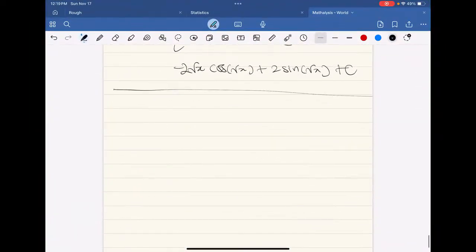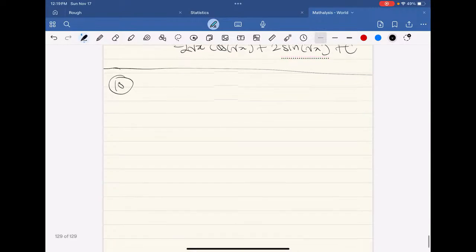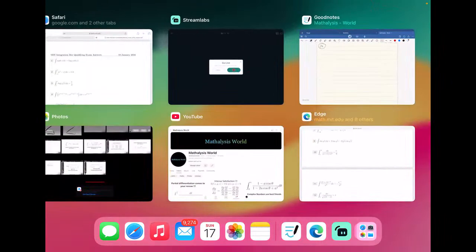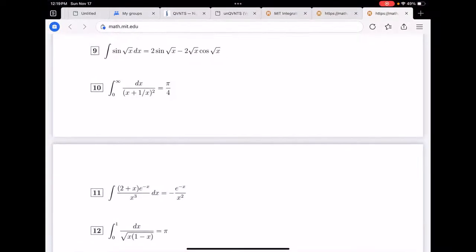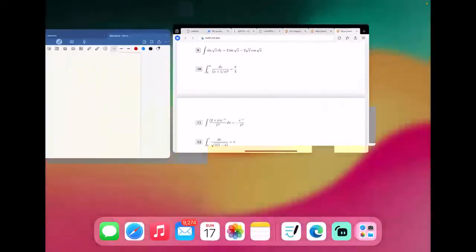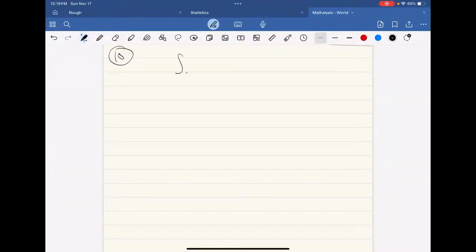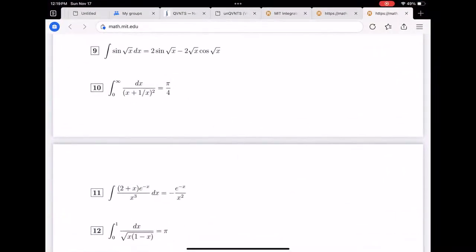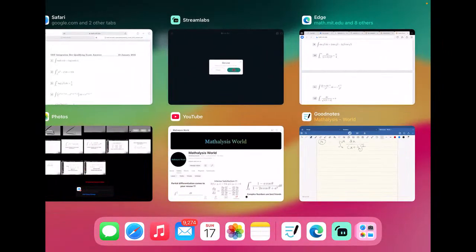Okay. Let's go to number 10. What's number 10? Number 10 is the integral from 0 to infinity of dx by x plus 1 by x square. This seems to be interesting. How do you think we will solve this problem? I have no clue right now, but let's see.